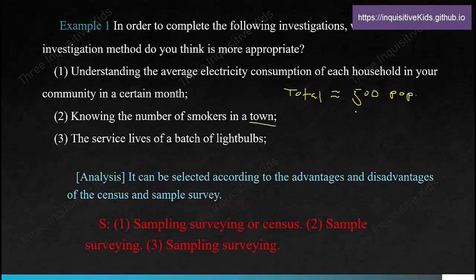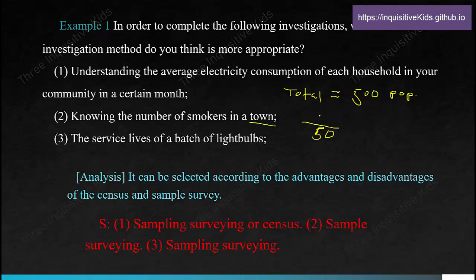Then you take a random 50 from these, and remember, not just 50 from one single neighborhood, but 50 randomly. Then from these 50, from this smaller sample population, count how many of these people smoke.